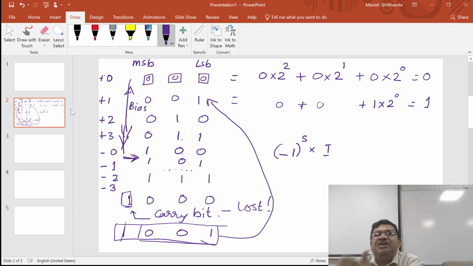If I subtract a constant number from every possible representation, then for 0 I will get the largest magnitude negative number, and gradually I will move towards 0. When the bias is subtracted from the bias, that becomes the new 0, and after that you will get the positive numbers.